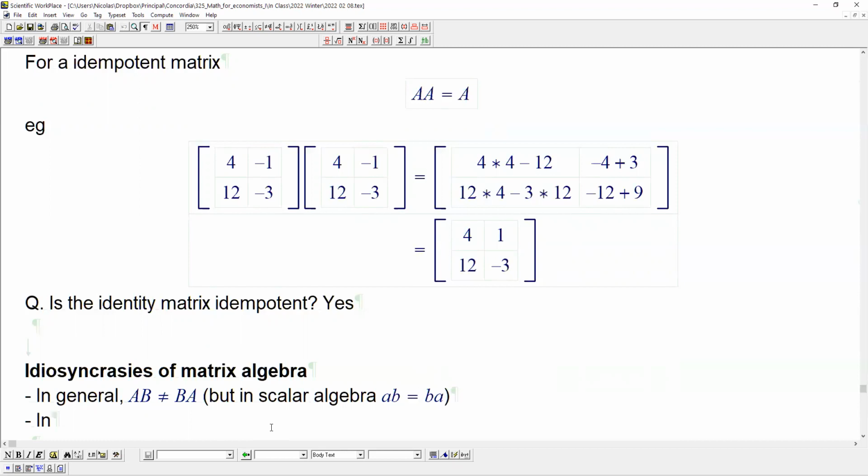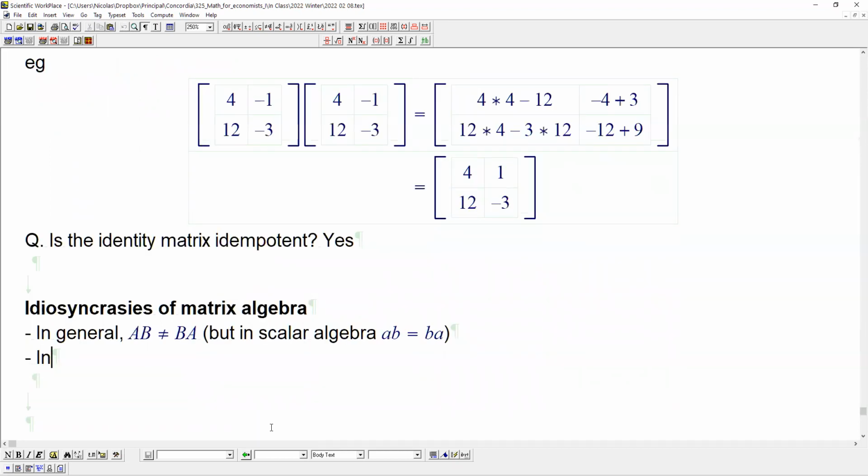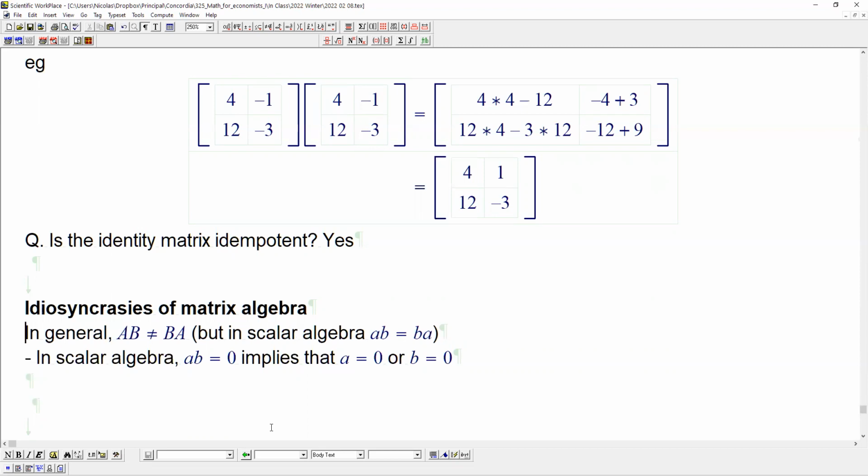So here I'm saying what may be surprising to the eyes of an early discoverer of linear algebra. In scalar algebra, AB equals 0 implies that either A equals 0 or B equals 0. But in matrix algebra, that's not necessarily the case. Let me just write this.